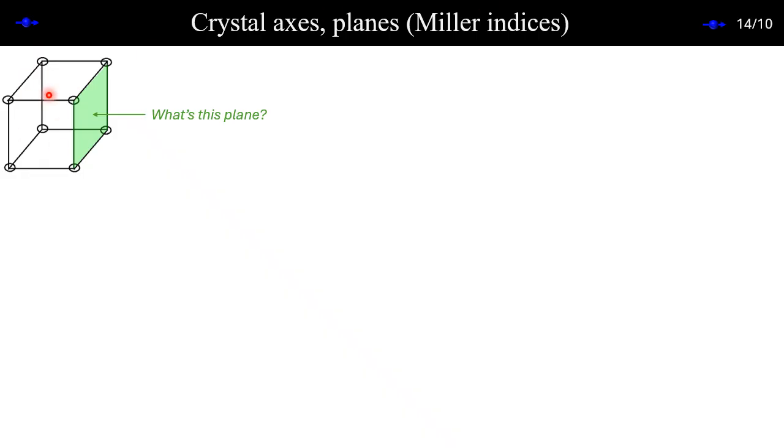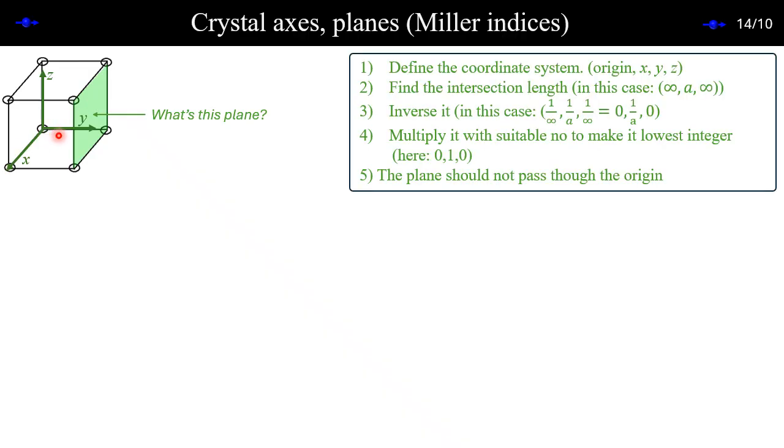For example, let's take this simple cubic lattice. How do we define or name this plane? First, you need to find an origin. Let's consider the origin is here. Just don't put the origin on that plane, put it anywhere else in the lattice. That's point number one.